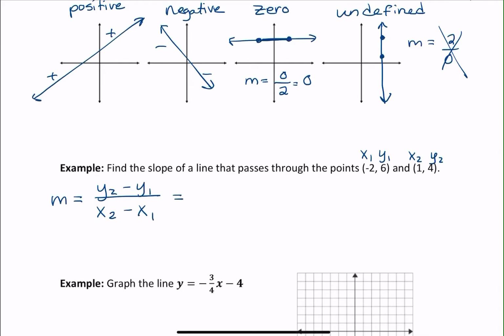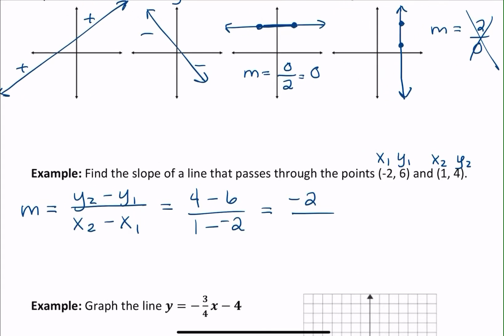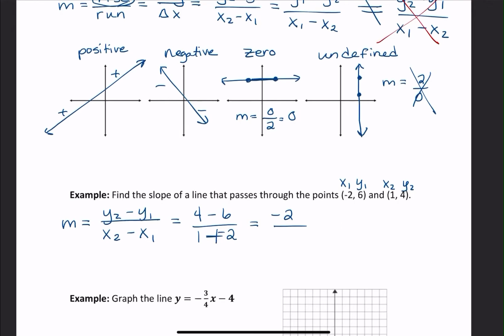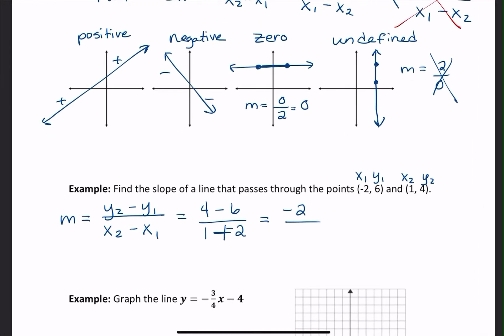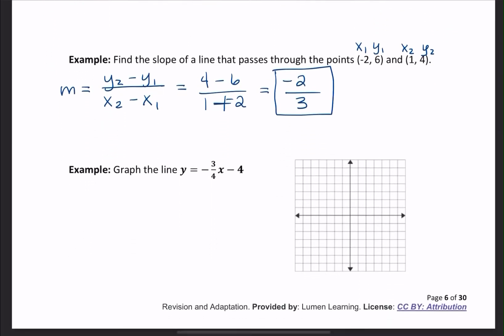So here I'm going to have 4 minus 6 over 1 minus a -2. So 4 minus 6 is going to give me a -2. And then when I do 1 minus a -2, that'll give me a +3. So I have a slope of -2/3. So just make sure you keep that in order. Whatever y you start with, the corresponding x goes on the bottom.